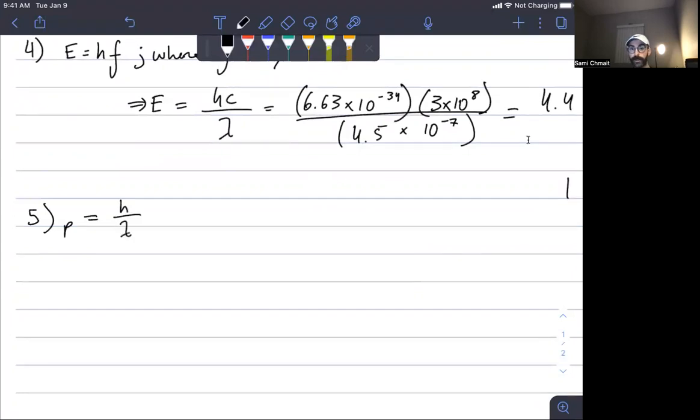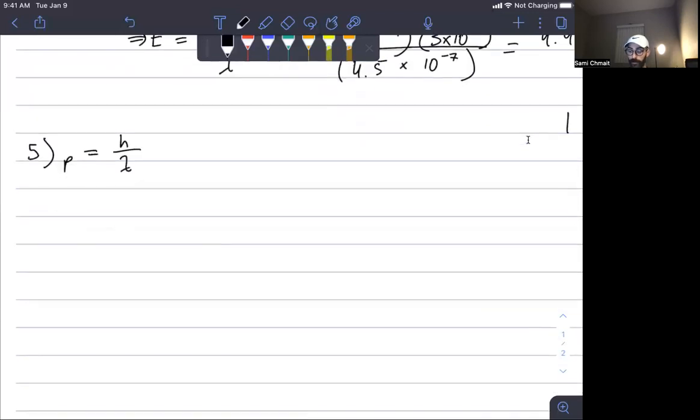We know Planck's constant's given. We know the wavelength of this photon. So you just have to plug everything in. P is equal to 1.66 times 10 to the minus 27 kilograms times meters per second.